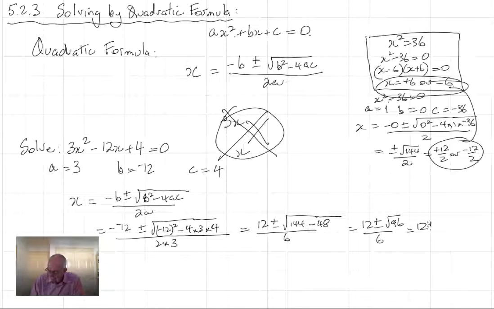It's 12 plus or minus root 16, root 6, since 16 goes into 96, all over 6, which is equal to 12 plus or minus the square root of 16, so that's 4 root 6, all over 6.